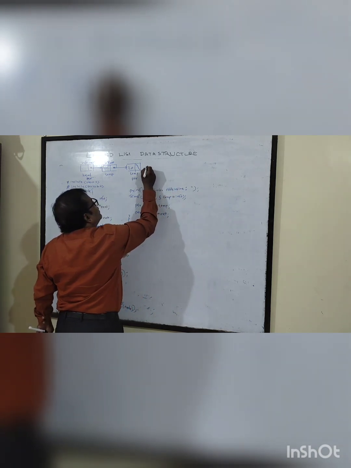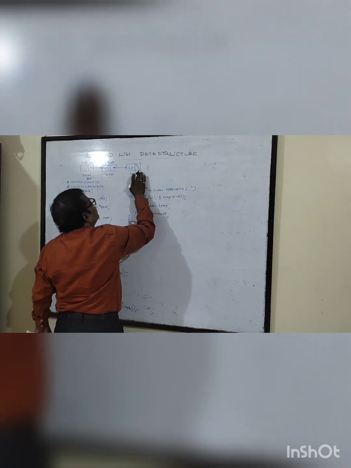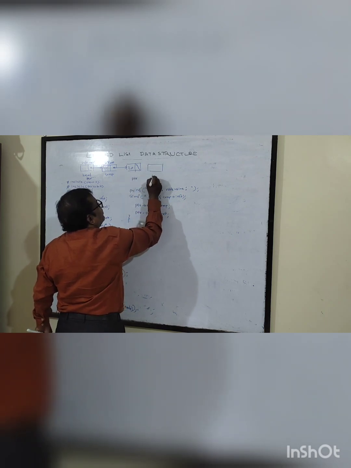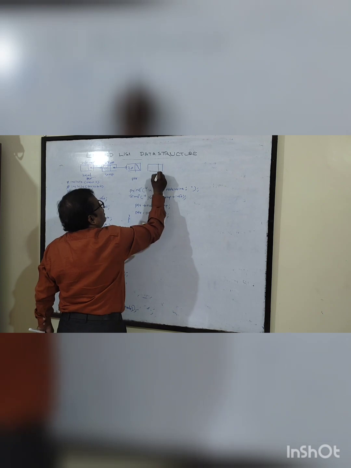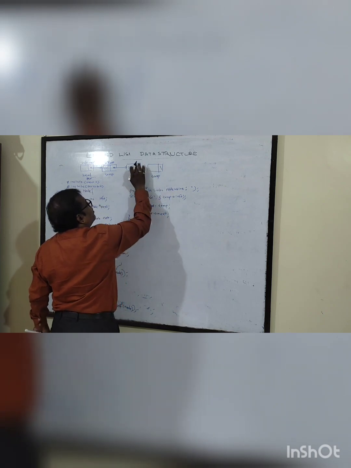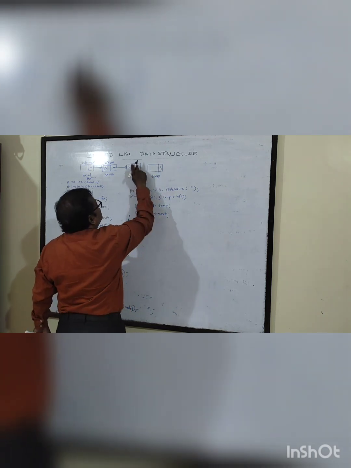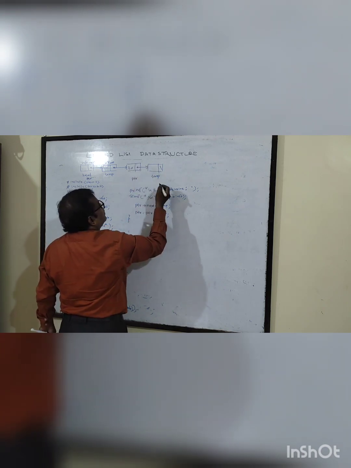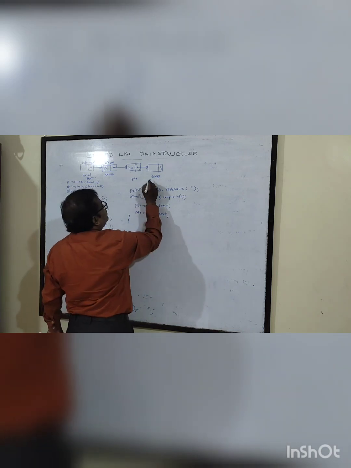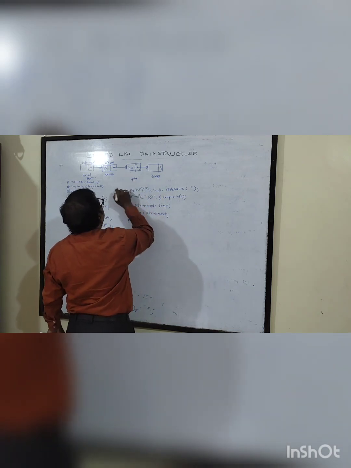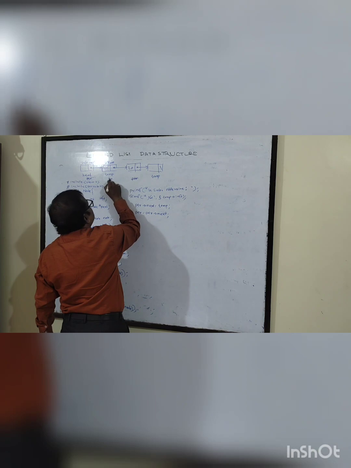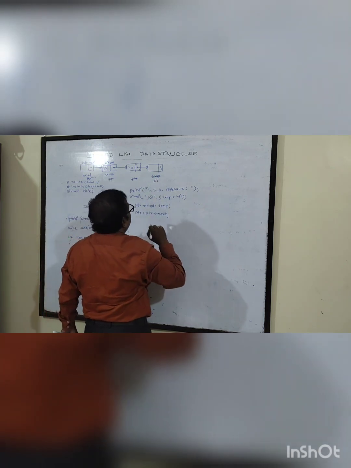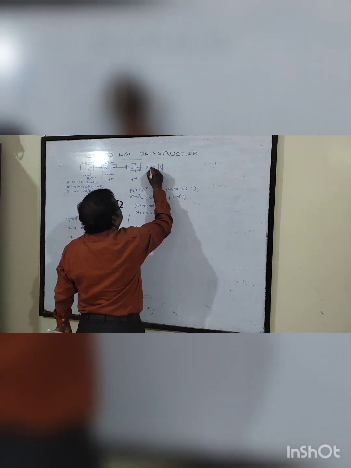What is the idea here? You create a temp node, make its next null, and PTR of next, assign the temp value, do this operation, and change this PTR to here, and there is no more use of the old one, and you write here this is 30.